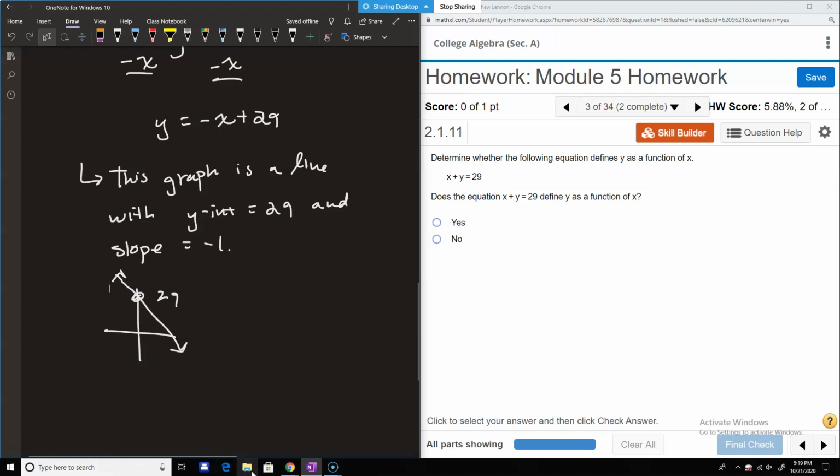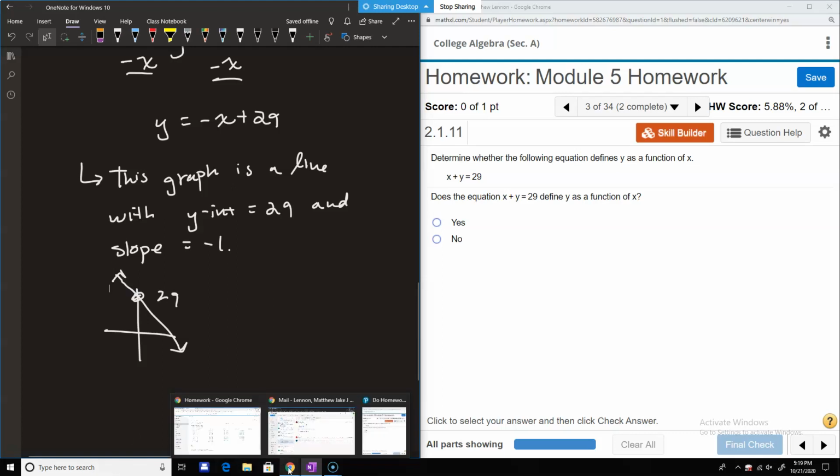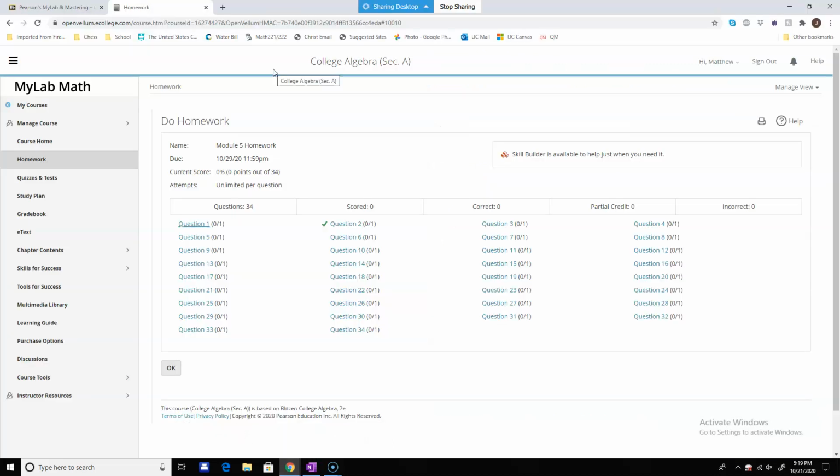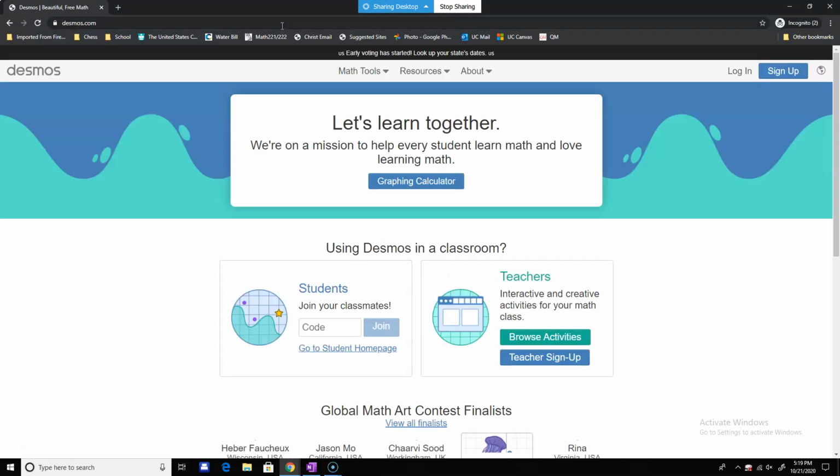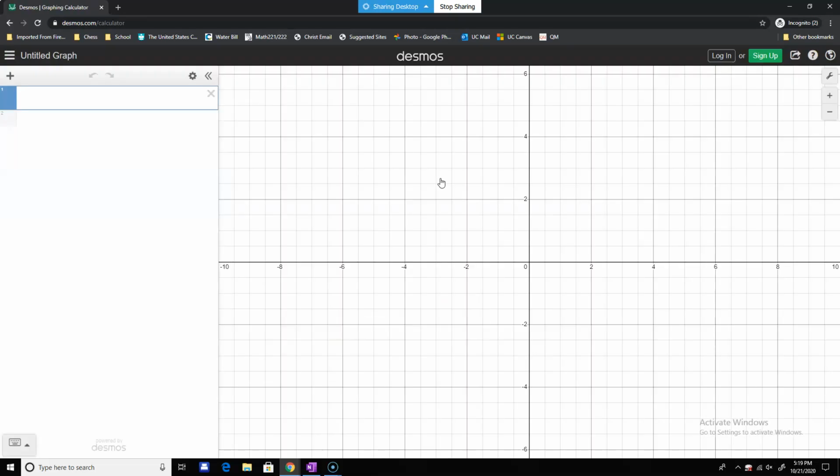Let me see. If we go to Desmos here. This is a good graphing program. It's just desmos.com. I use it now. I basically never even take out a graphing calculator.